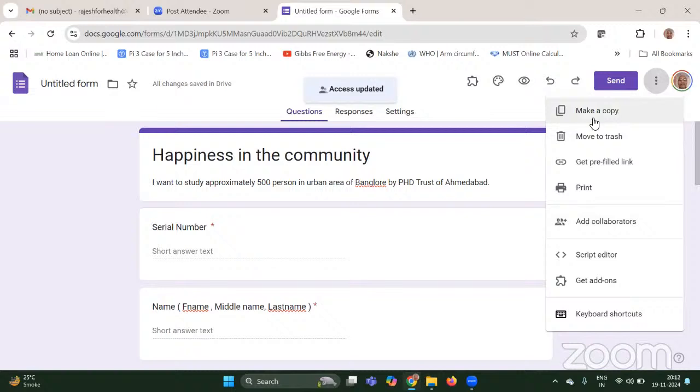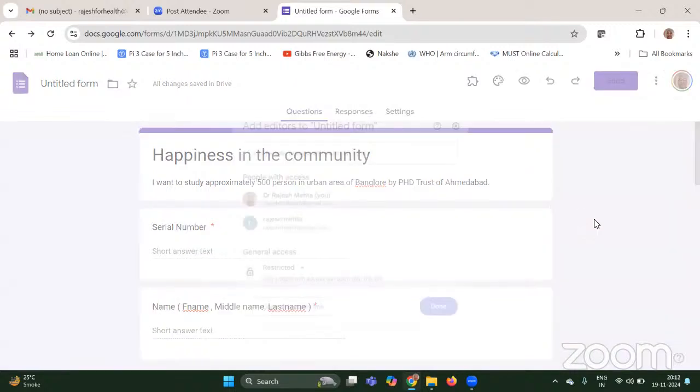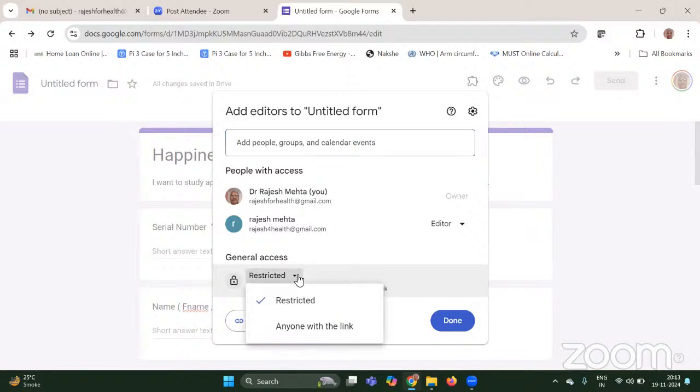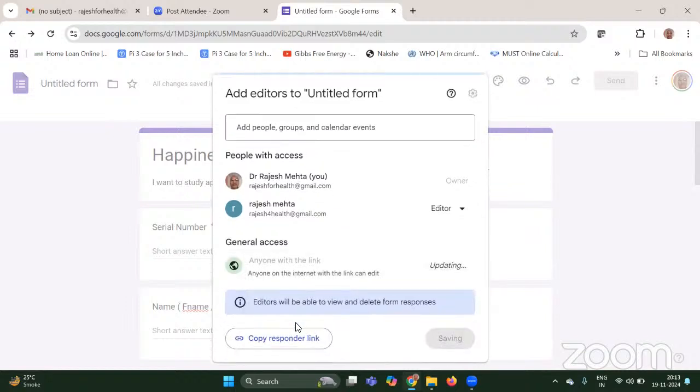You can make a copy, right? And if you want to share with someone, in that case you want to make it a share in such a way that anybody with a link can have access. So you can write over here, anyone with a link, right?